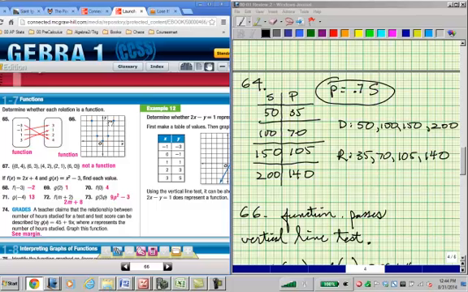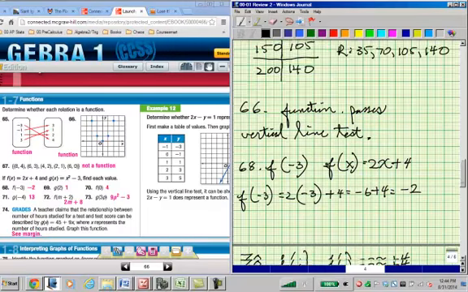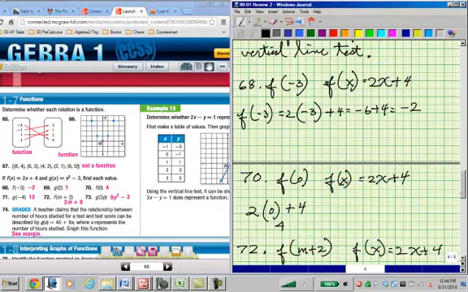Therefore, it is a function. You could make a rule for it. The equation looks like y equals x squared. Anyway, that's at 66, 68.